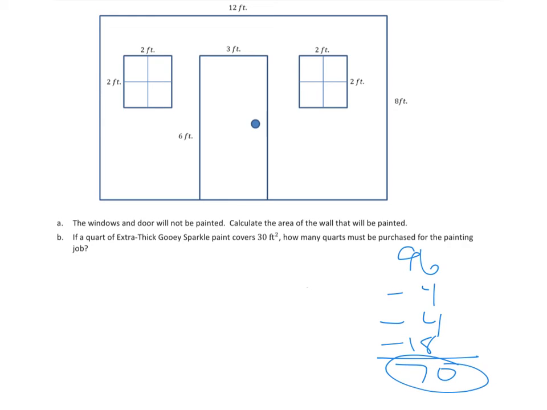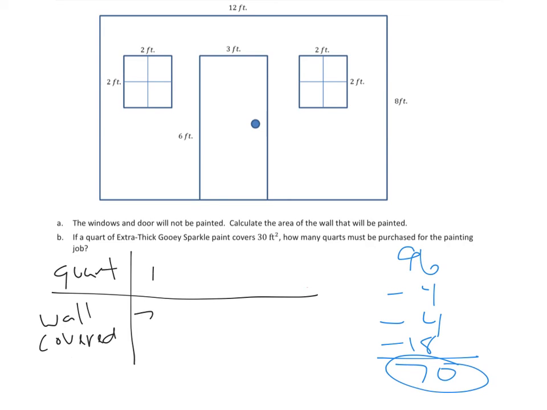And we would say for 1 quart, paint, wall covered. And if they bought 1 quart, it would be 30 feet squared covered.